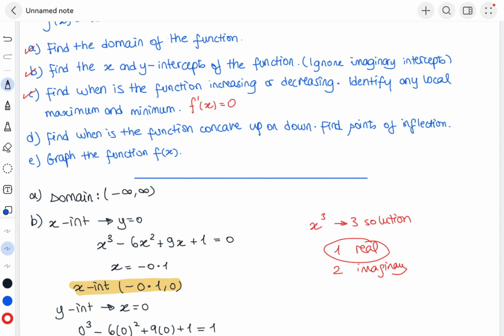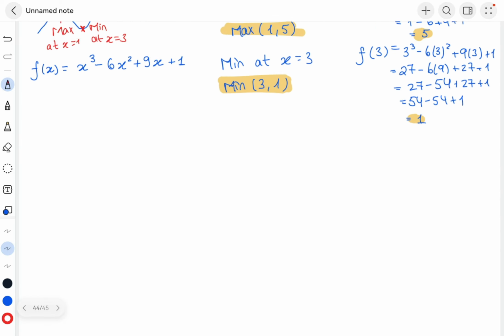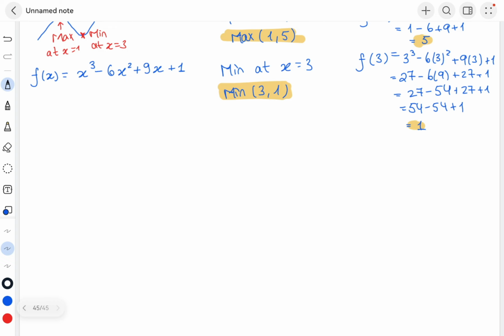Now, find when the function is concave up or down and find its points of inflection. This means we need to set f double prime of x equal to 0. We have f of x here. So as we said, f prime of x is 3x squared minus 12x plus 9.